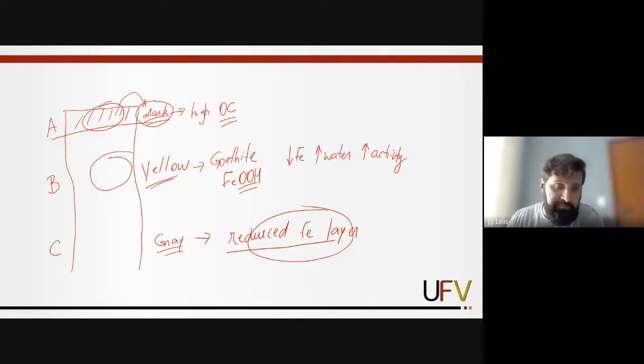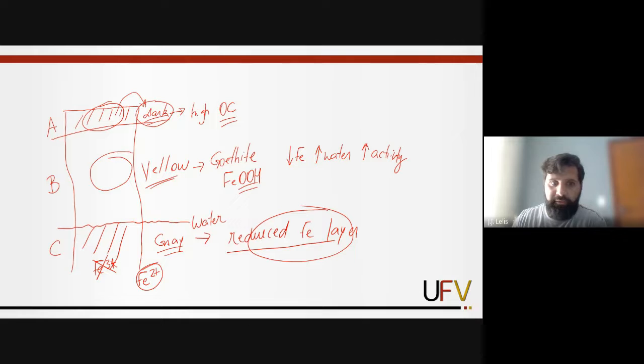Why? Because maybe the tidal water is here. So here we don't have iron in an oxidized formation, a ferric horizon. It just has ferrous iron because we have water here. So we have different colors in different horizons depending on the pedogenesis, the process that occurs in each horizon. Okay?